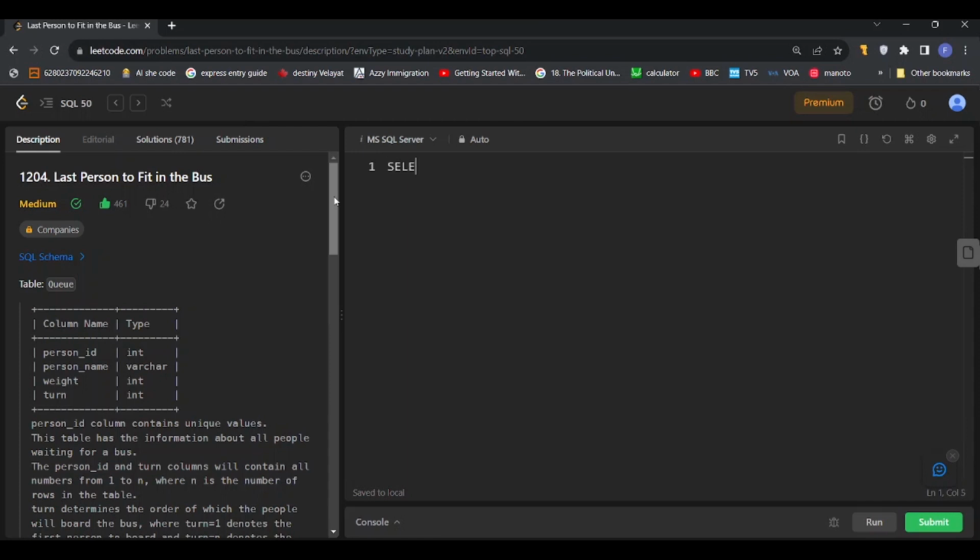We are going to select out of table 1, which is Q. Of course, both tables are table Q. They are both the same table. Out of table Q, we are going to take turn from table Q as Q1, and we're going to join it with itself.